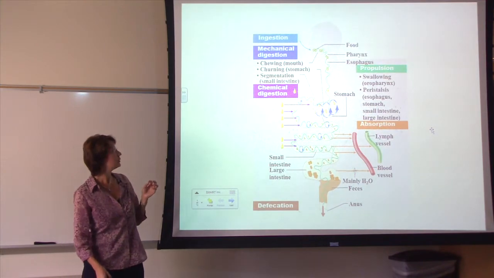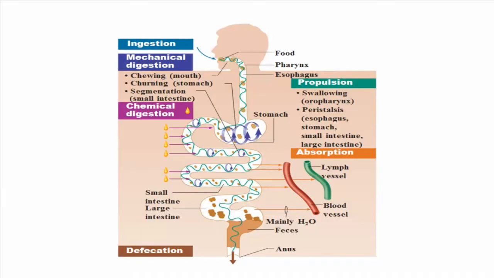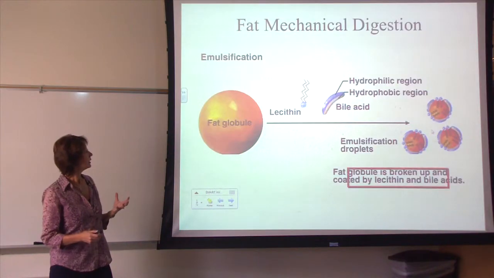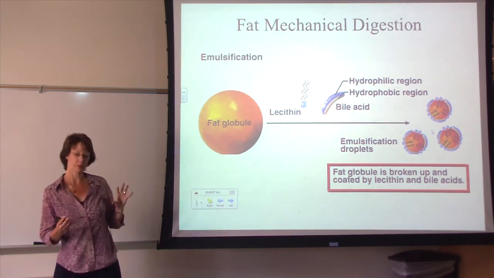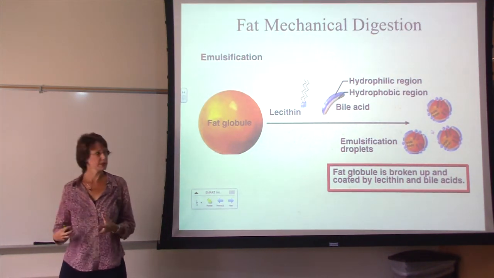Really, chemical digestion of the fats doesn't start until the fats have been released from the stomach into the duodenum. The chemical digestion takes place when the fat globules are released from the stomach.